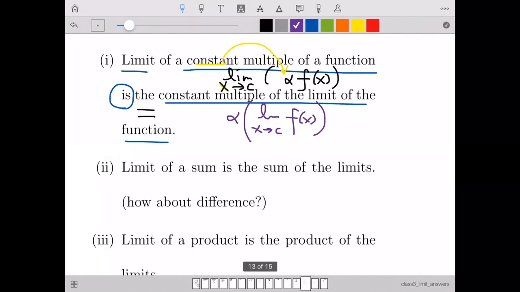That's what it means. So if we have alpha multiplied to the function, we can take that alpha outside of the limit. This is called the constant multiple rule. All these are important.